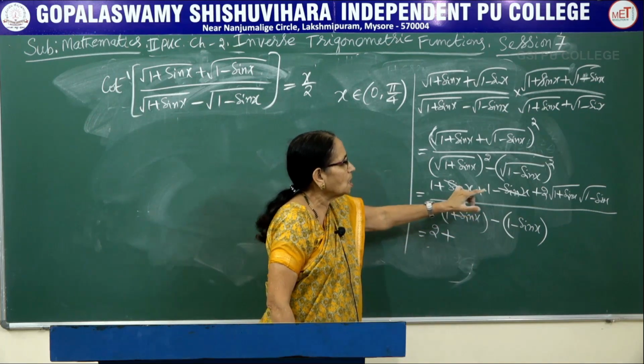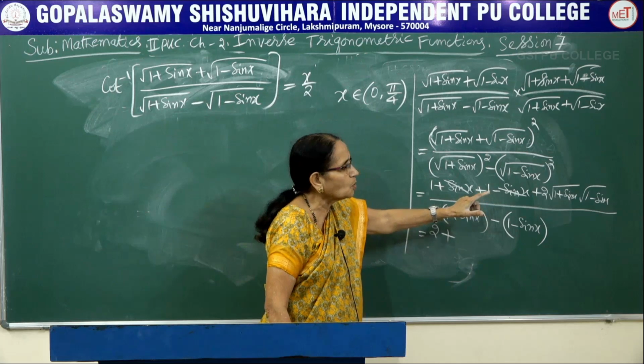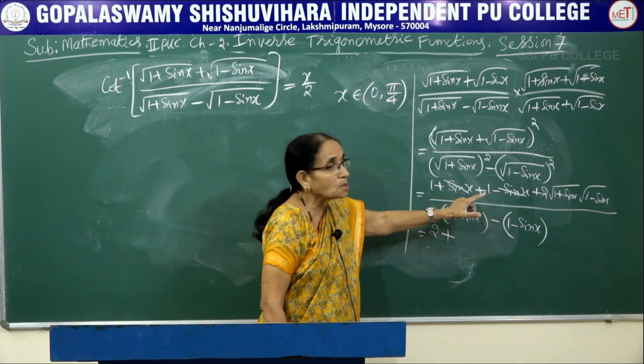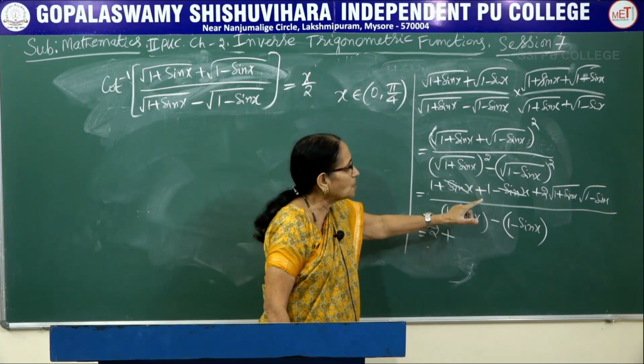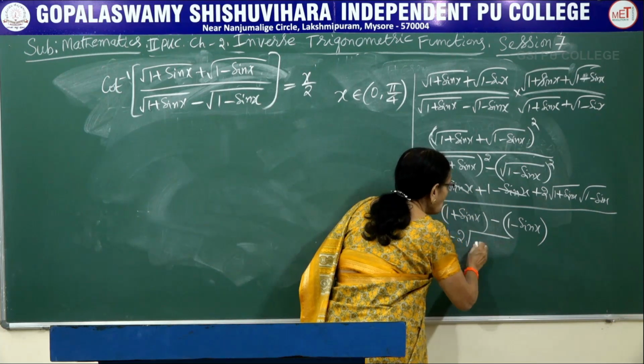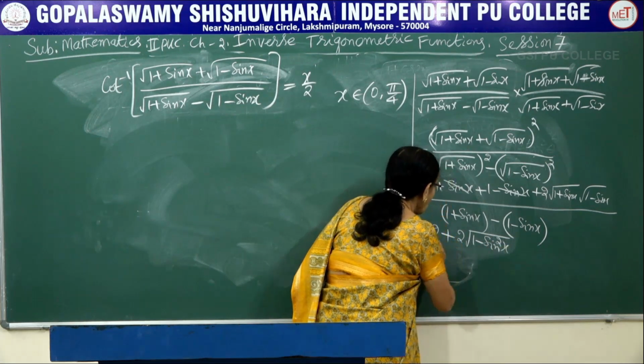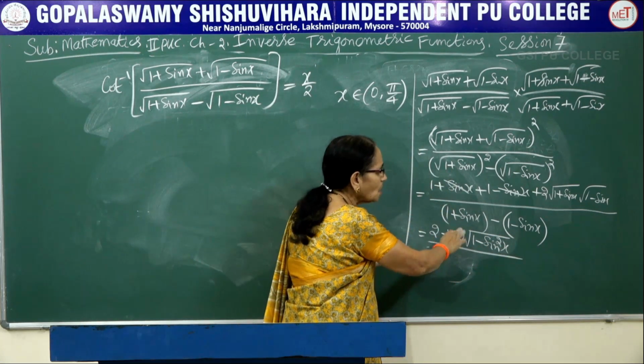Now look at the other one. It is under the radical sign only, 1 plus sin x into 1 minus sin x. Again using the algebraic formula, a plus b into a minus b, that is 2 into root of a square minus b square, 1 minus sin square x.